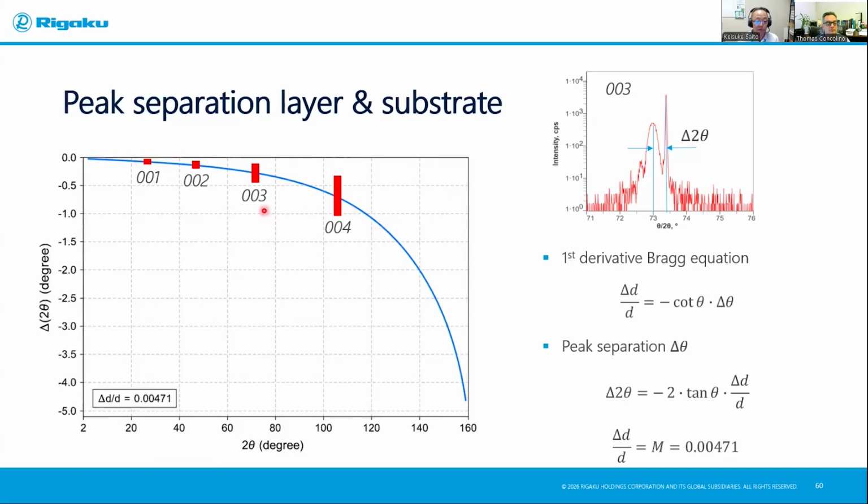Compared to 003, 004 provides much more peak separation. So this suggests if you are struggling to separate two closely spaced peaks, it is better to go to the higher 2 theta side so that you can separate much better compared to a lower index or lower 2 theta diffraction peak.